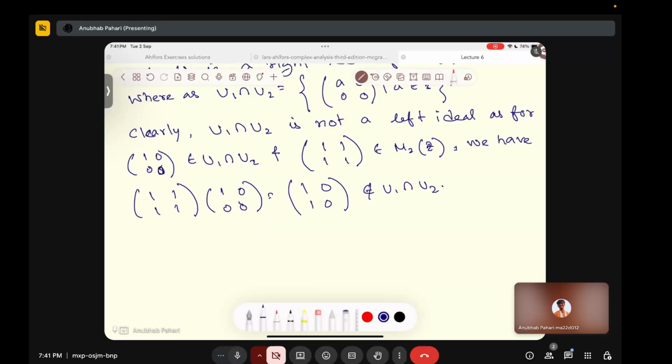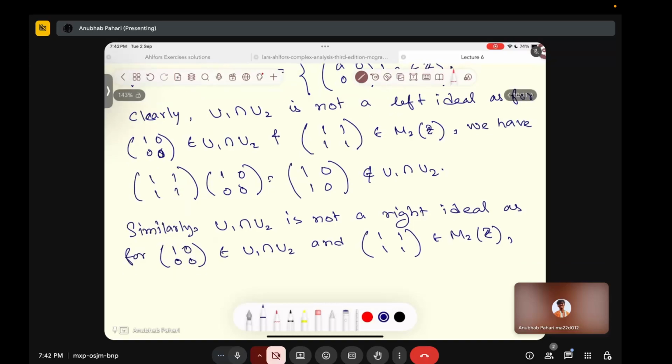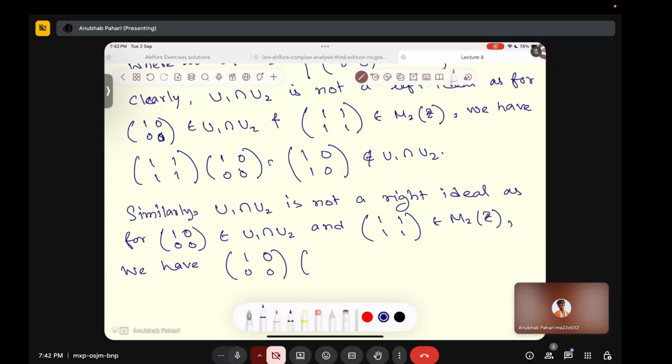Similarly, U1 intersection U2 is not a right ideal, as for (1, 0; 0, 0) belongs to U1 intersection U2 and (1, 1; 1, 1) belongs to M2(Z), we have (1, 0; 0, 0) times (1, 1; 1, 1) equals (1, 1; 0, 0), which is not in the intersection.